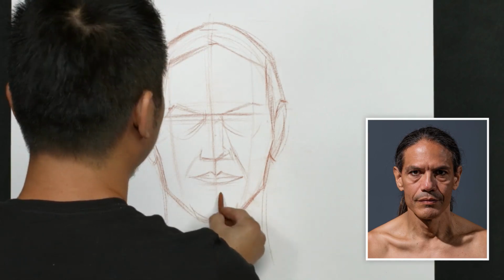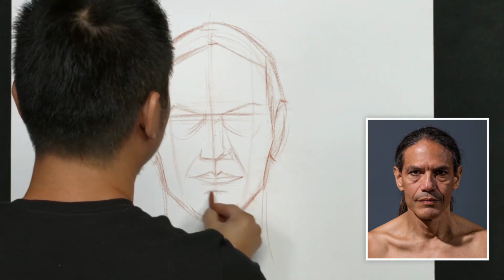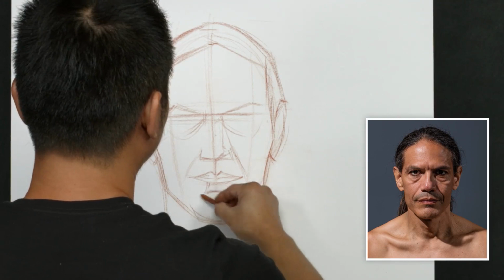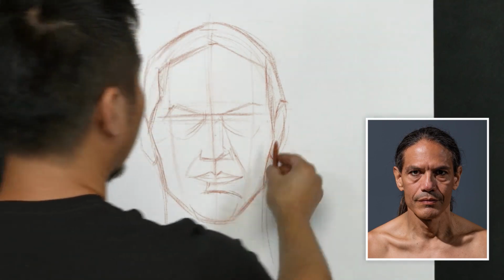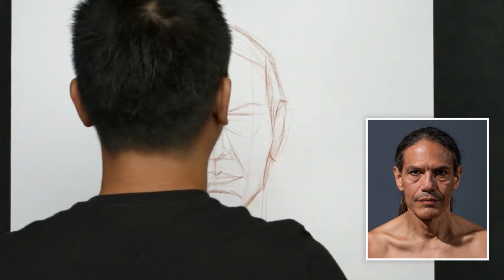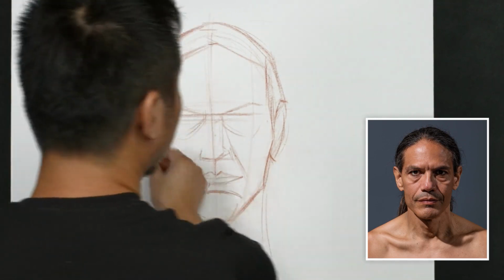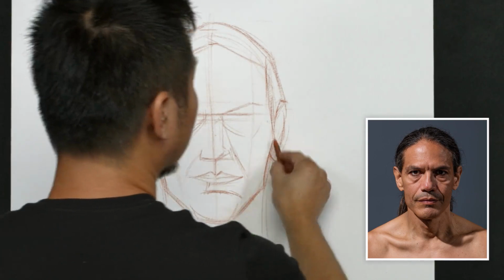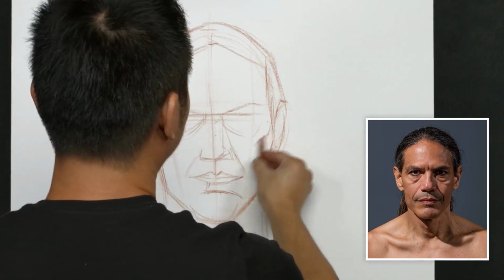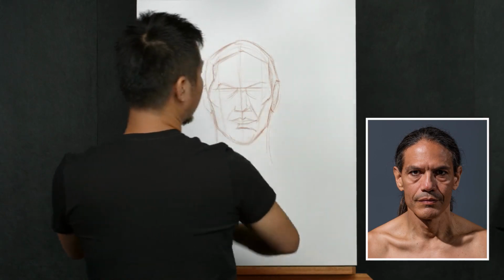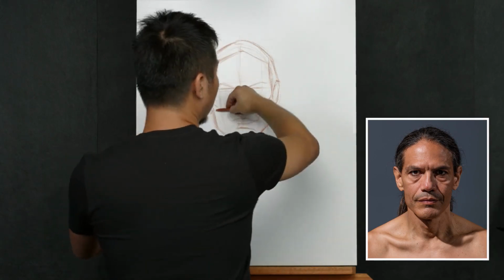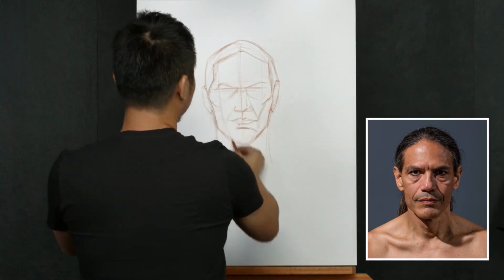And this is the shadow I talked about earlier. I want to get a sense of that cheek structure. That's the shadows coming from the side, just that cheek coming toward the chin.